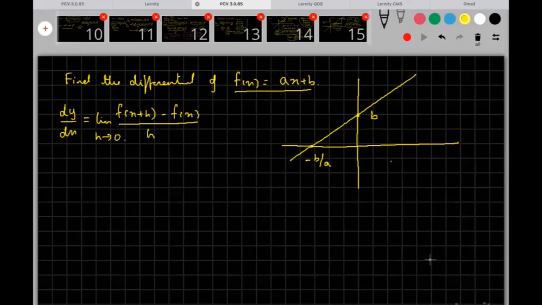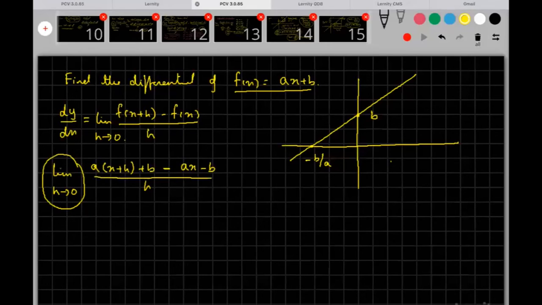Now I will substitute. So it becomes a into x plus h plus b, in b there is no h, no x, so it will just remain as it is, minus ax minus b, by h, limit h tending to 0. This is only reminding me that h is a very small number. H is not 0.